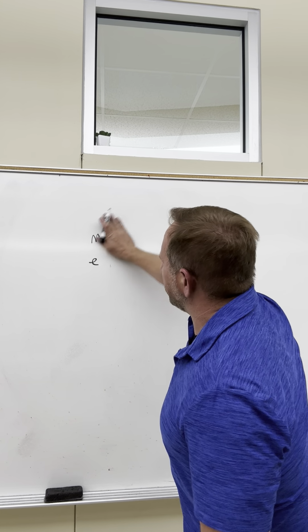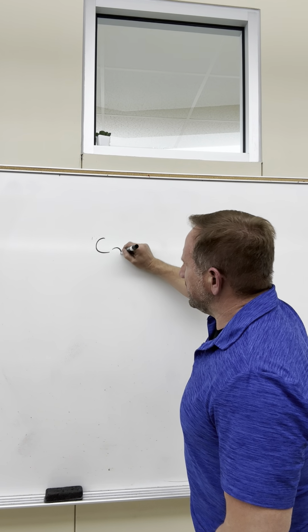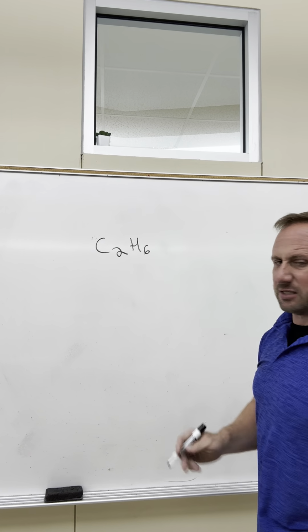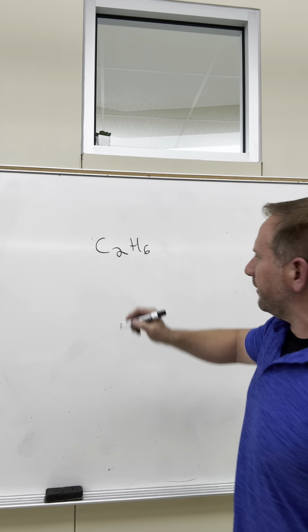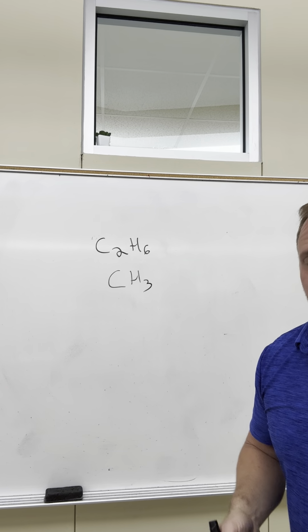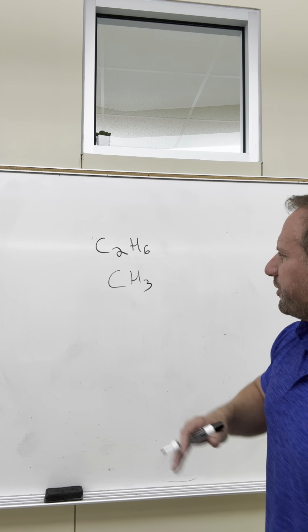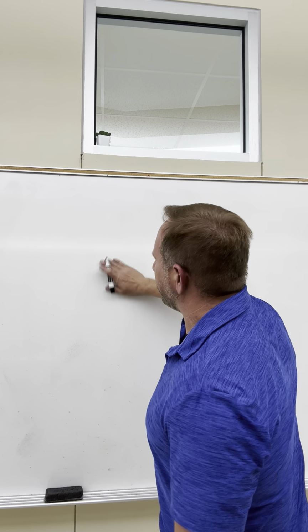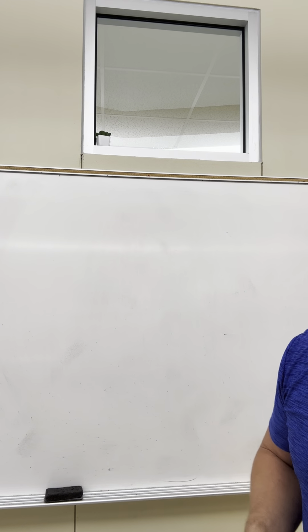If you're given something, let's say like C2H6, that of course would be its molecular formula. CH3 would be its empirical formula. There's problems that we have done in class before. I don't want to go through the whole thing.